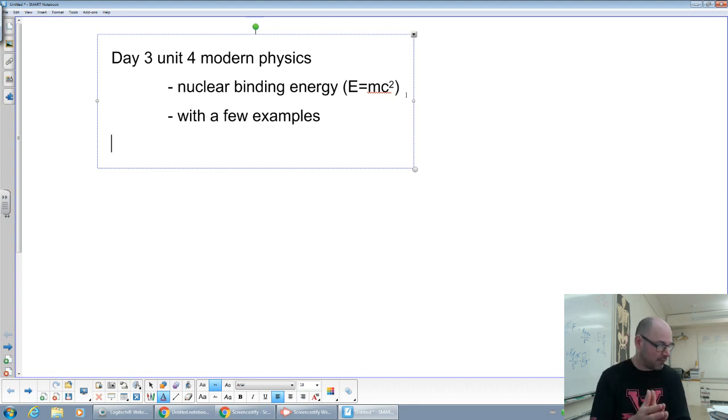They are not equal, and that was very surprising. How is it possible that the masses are different? What Einstein called it was the mass deficit. What happened to this mass, and why is it not equal? He decided that that mass was, in fact, the energy that's used to bind the nucleus together, called nuclear binding energy. And he came up with E equals mc squared to describe how to calculate it.